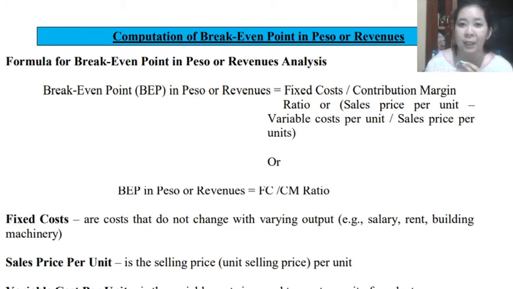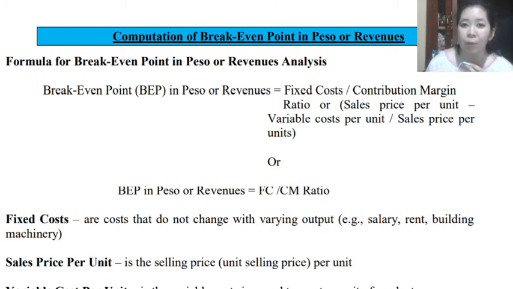But the difference lies in the denominator, because in this case, we will use the contribution margin ratio. So again, break-even point in peso or revenue is equal to fixed cost divided by contribution margin ratio.